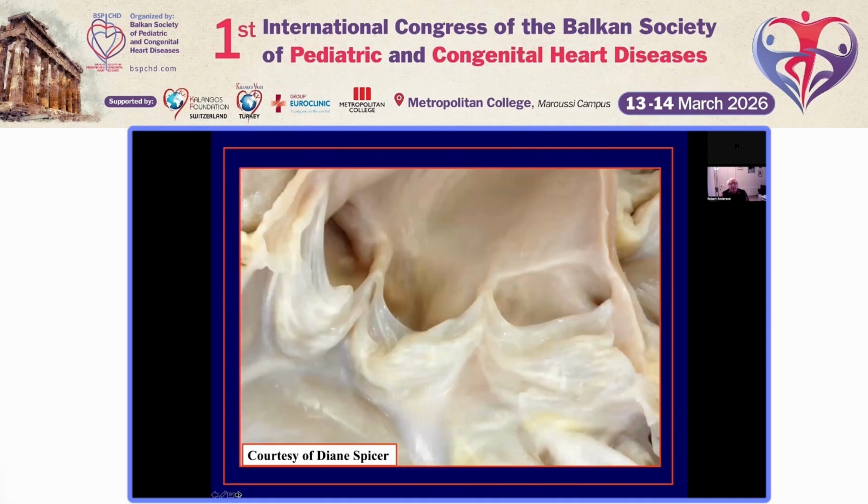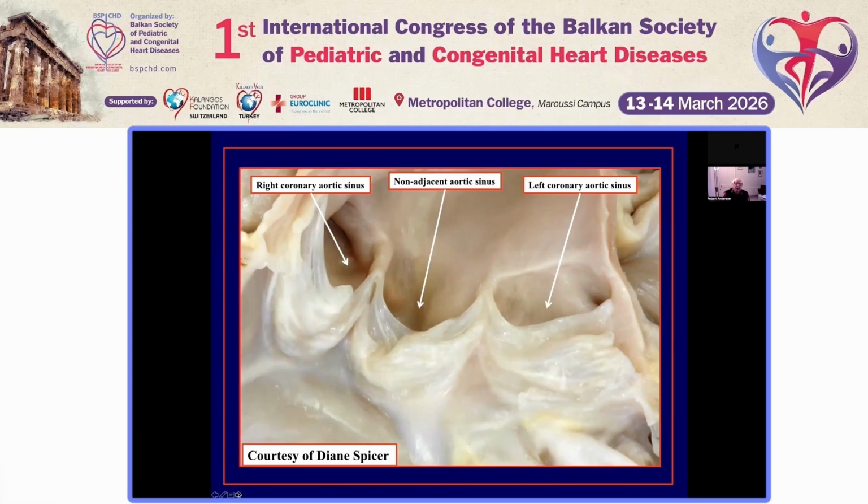If we open it out, another picture of Diane Spicer's, we can see the three sinuses. The right one giving rise to the right coronary artery, in the middle, the non-adjacent sinus, the left one giving rise to the left coronary artery. And we see that the distal margins of those semilunar hinges come together at the sinutubular junction. There is nothing, however, at the proximal extent.